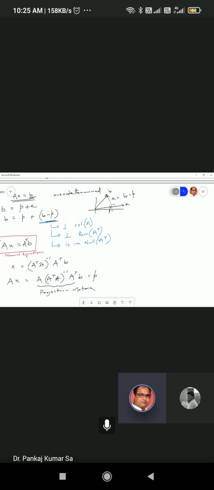Here you have one vector A, one vector B. Now, instead of having one vector A, let us have a column span, multiple vectors we have.